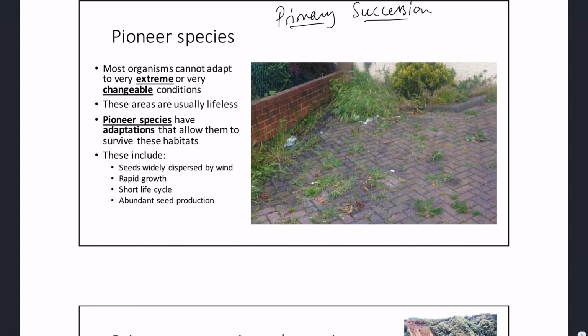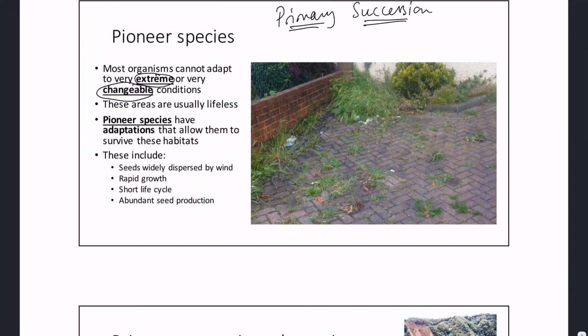Every location on the planet at some point was lifeless. Okay? So, when we talk about a lifeless place, developing communities of living organisms, that process is called primary succession.